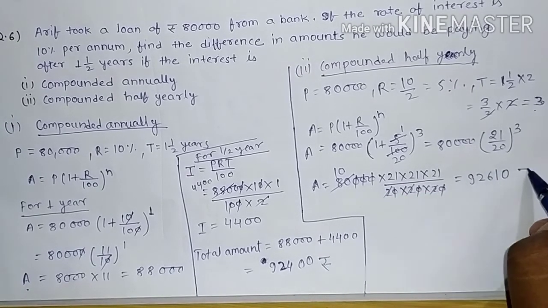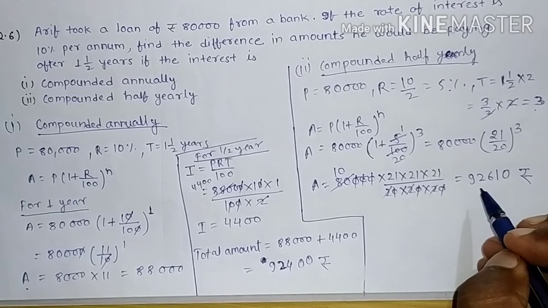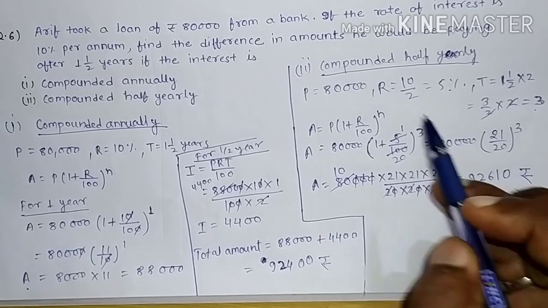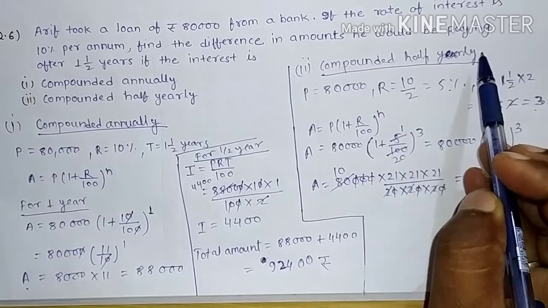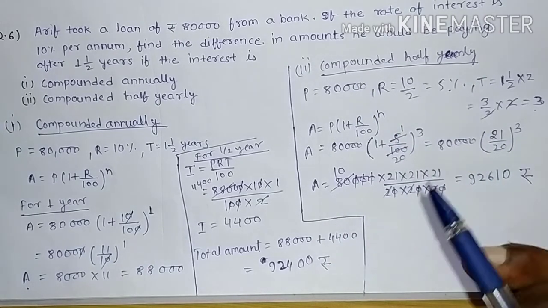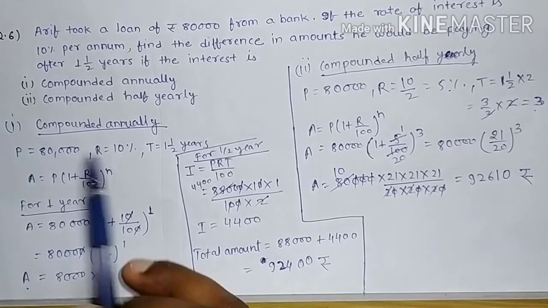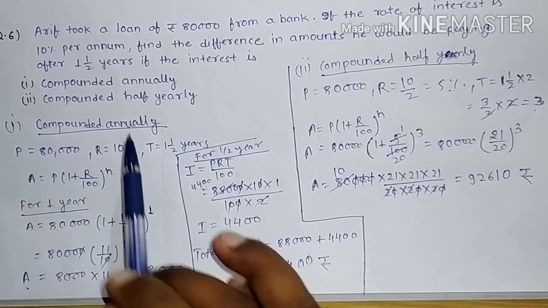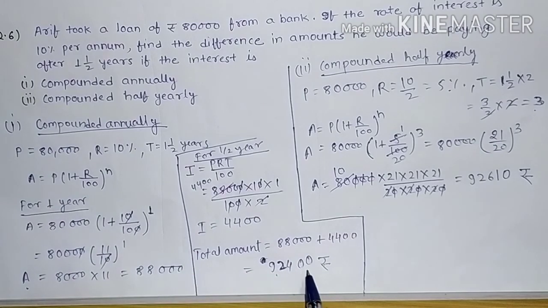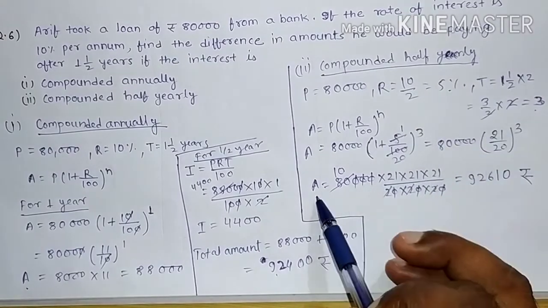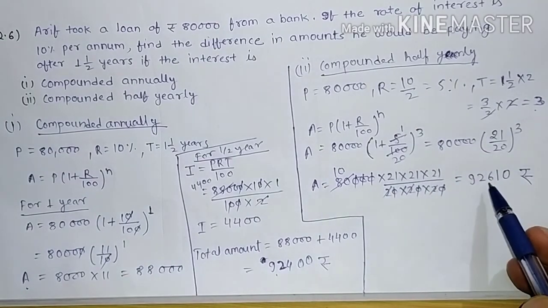Now this is the amount, 92,610 rupees, when interest is compounded half yearly. Here we have to find the difference between the amounts. When interest is compounded annually, the amount is 92,400. When interest is compounded half yearly, the amount is 92,610.